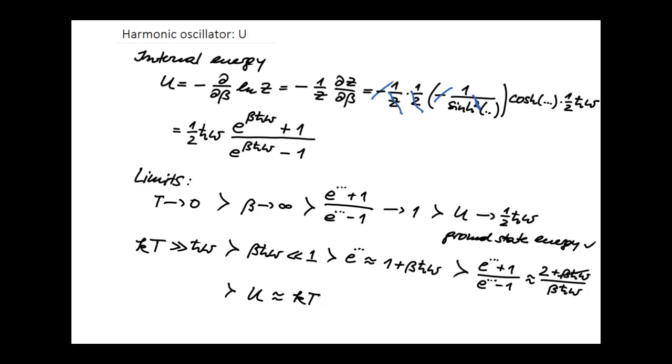So for large temperatures, where kT is very large compared to the typical energy scale of the harmonic oscillator, h bar omega, it holds that the internal energy is approximately given by kT.